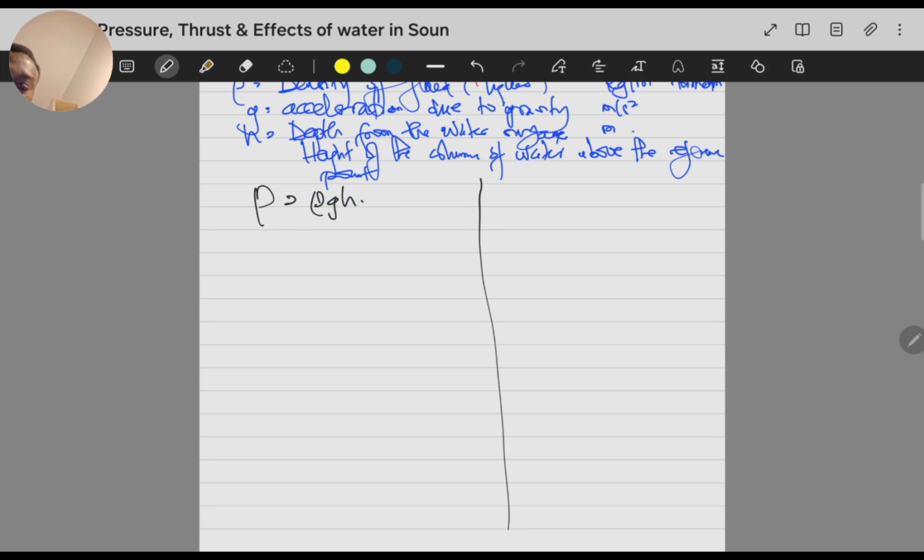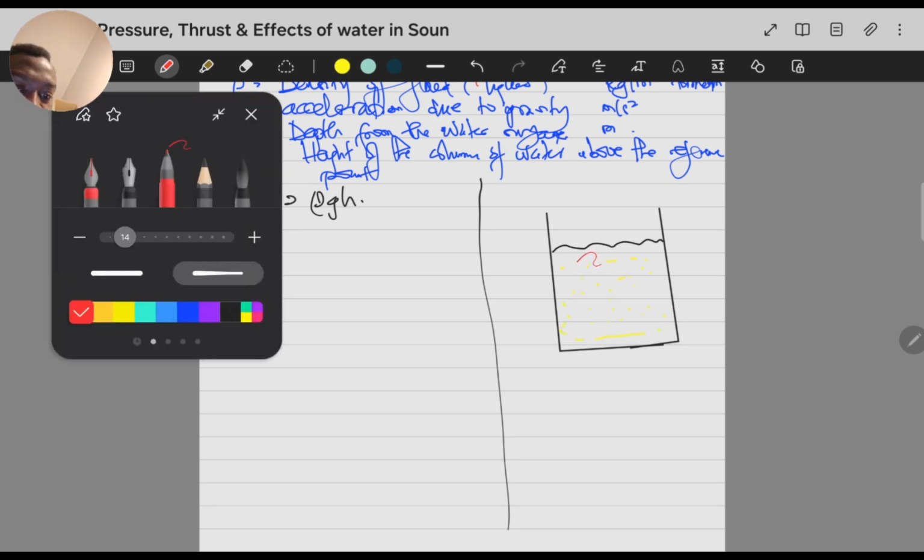Now, if we have a water column and we have water here, I'm going to do that again. So if we have water like that, we want to consider the fluid as having some parameters.